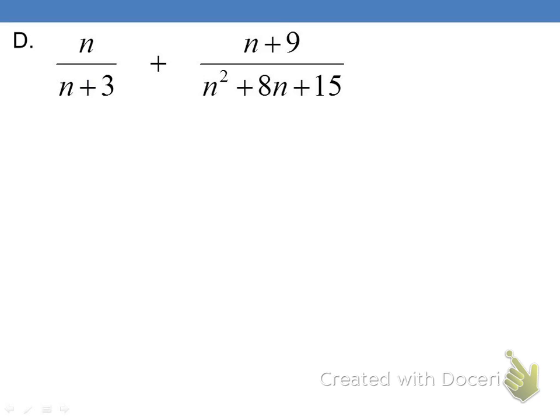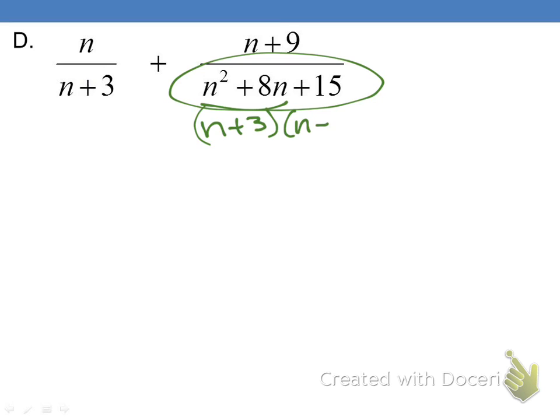So we need to see what makes up this guy back here. The way we do that is to factor it. What multiplies to 15 and adds to 8? 3 and 5. So n plus 3 and n plus 5. So what's my LCD going to be? n plus 3, n plus 5.